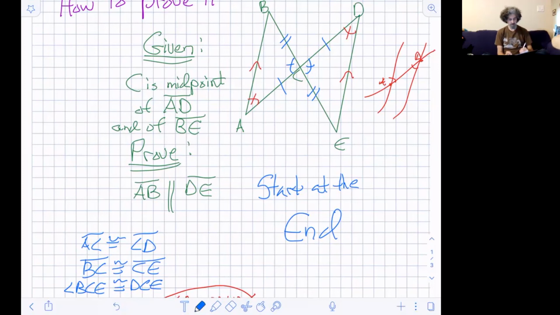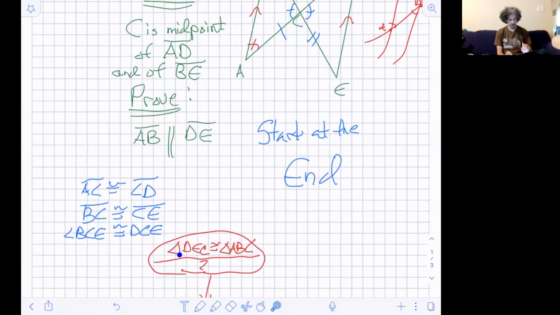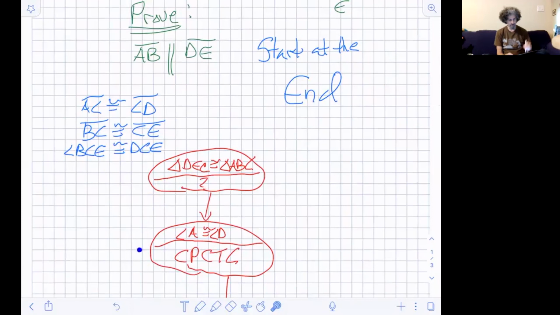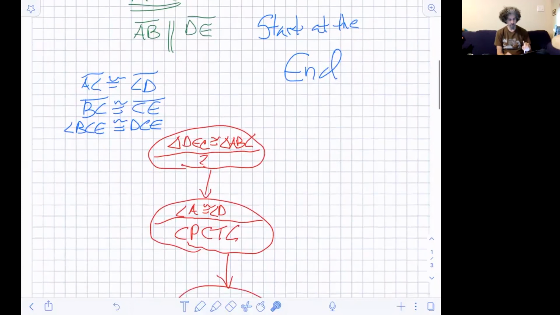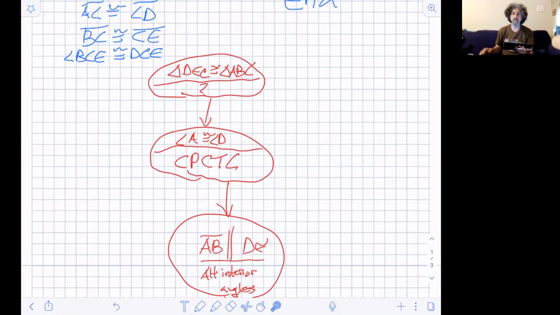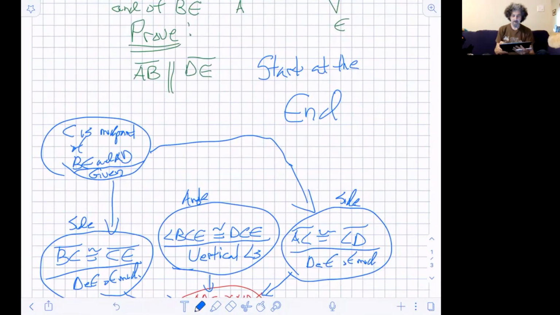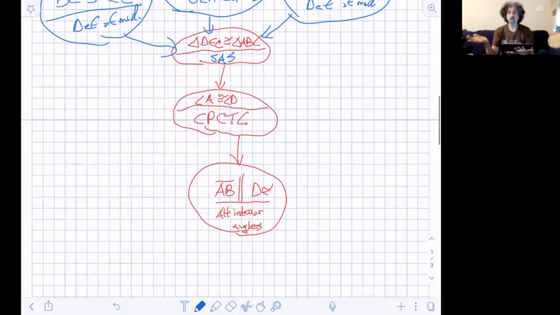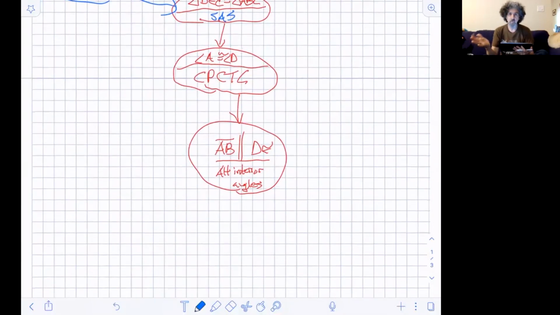We got these three steps from the beginning, and that will let us prove the triangles are congruent, which will let us prove this, which will give us what we want. So now it's just a matter of writing it out. All right, and there we have a path from the givens to the conclusion. And all we have to do is either write up that flowchart a little neater or write it up as a two-column proof.